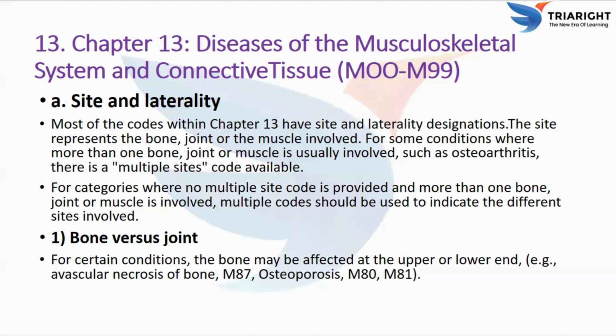This matters because the treatment and prognosis differ based upon the exact part of the bone involved. Site and laterality is most important in musculoskeletal coding because it is designed to support accurate medical records. You have to use the exact site and the exact laterality codes.